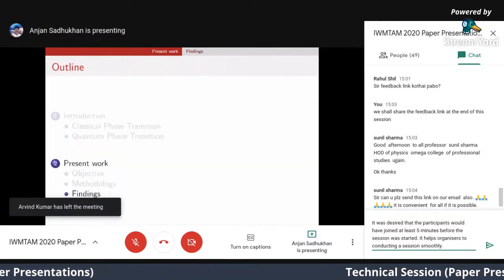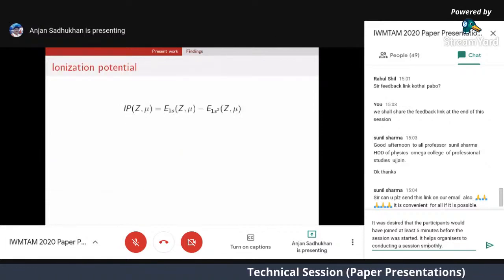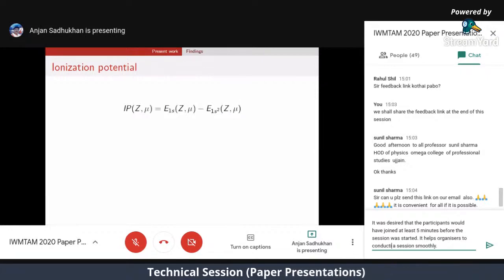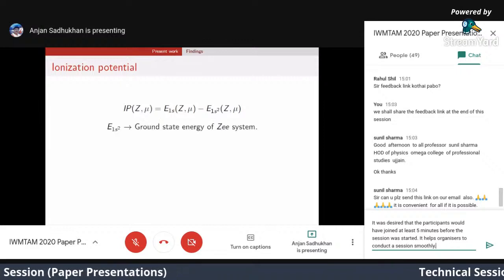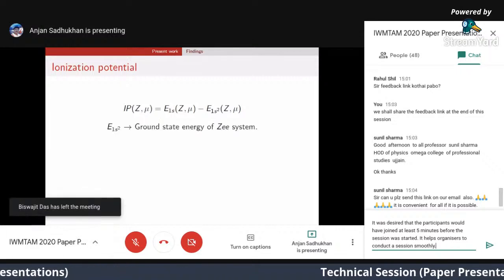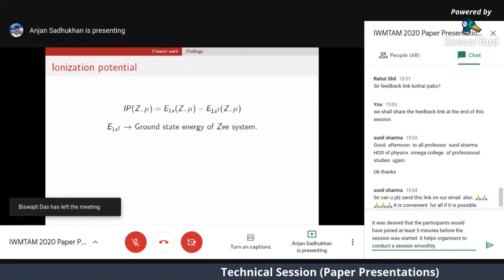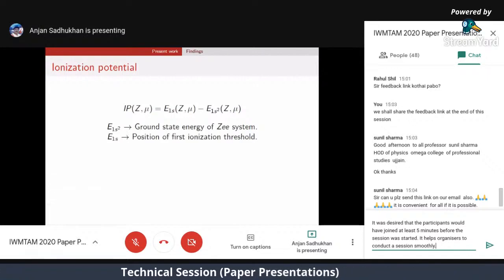So in the result section, we have estimated the ionization potential of the system using this expression, where E1s2 is the ground state energy of the ZEE system, and E1s is the position of the first ionization threshold.